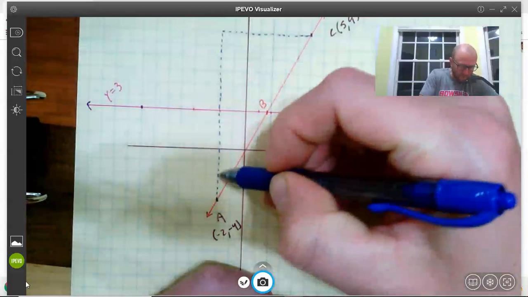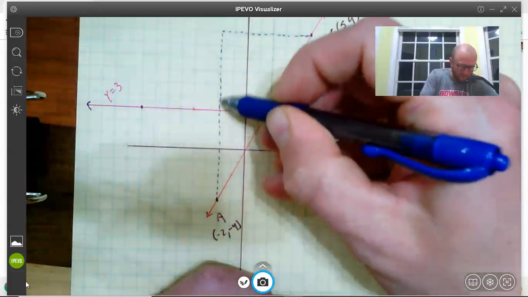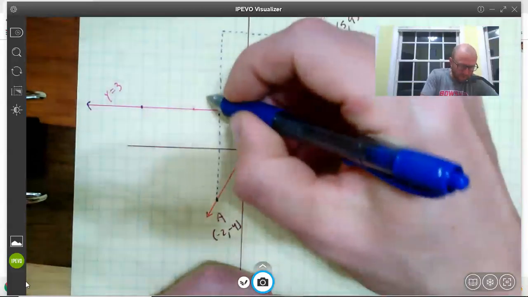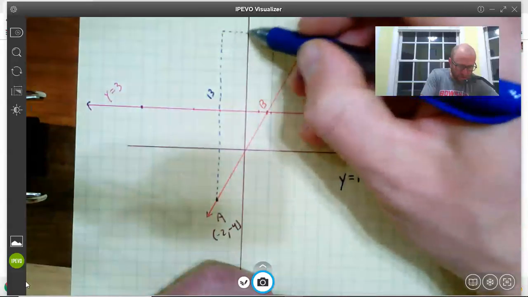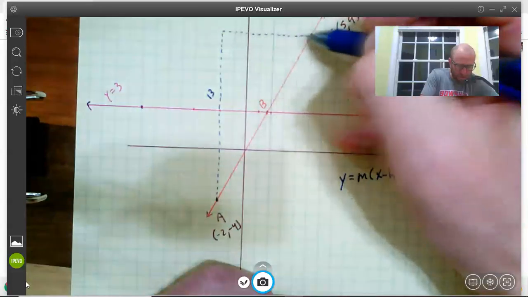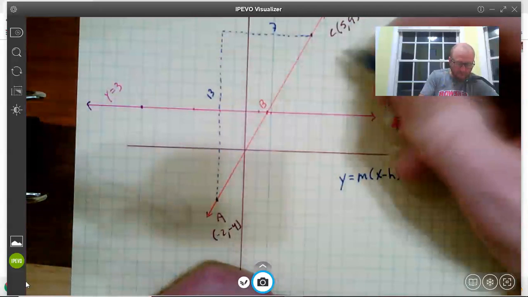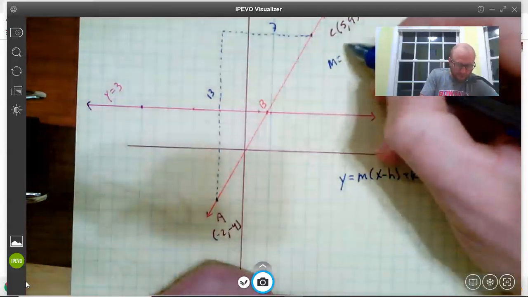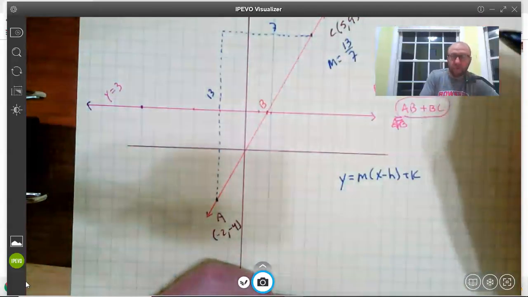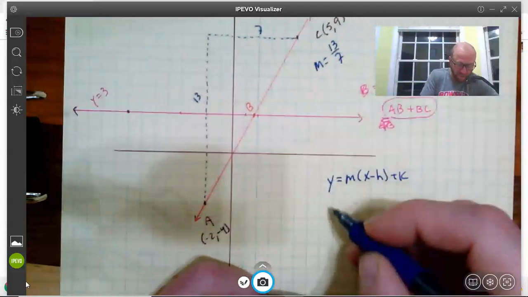Let's see. 1, 2, 3, 4, 5, 6, 7, 8, 9, 10, 11, 12, 13. 1, 2, 3, 4, 5, 6, 7. So the slope of this line is 13 over 7. That's not going to be nice.